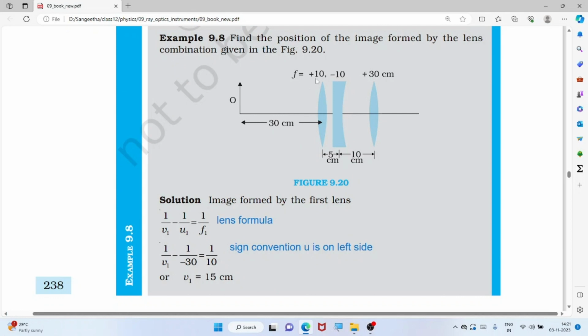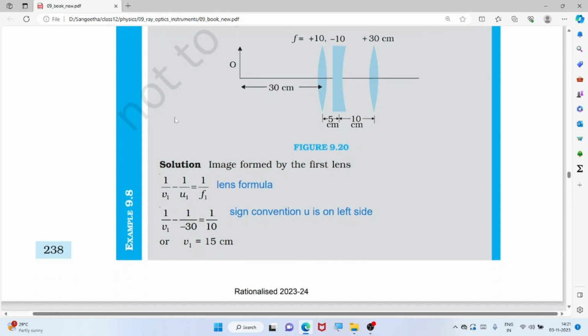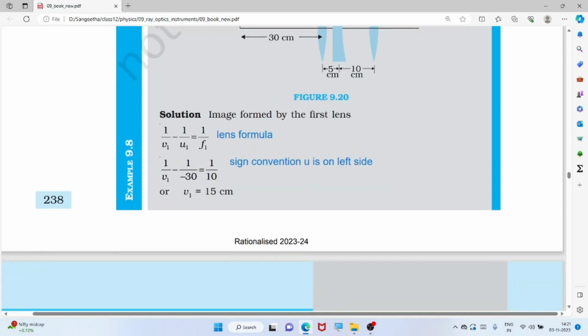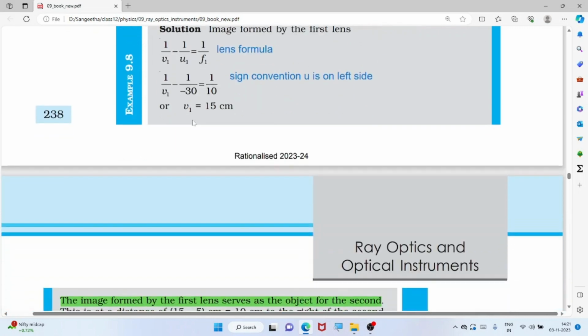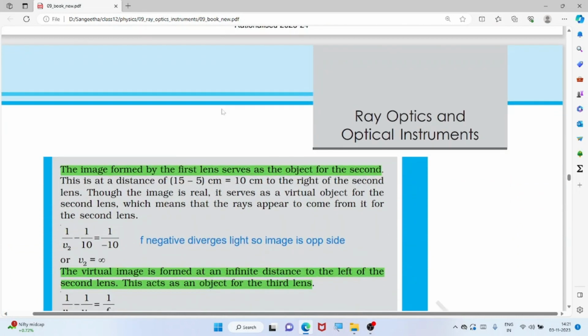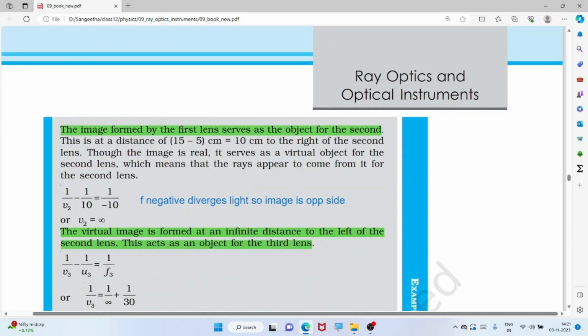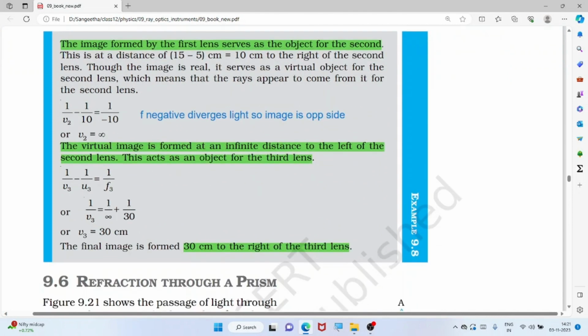So here the important thing, if you keep the lenses like this, the image from this lens will be the object for this lens. For the first lens, this is the image distance. This acts as the object for the second lens. The image formed by the first lens serves as the object for the second lens.